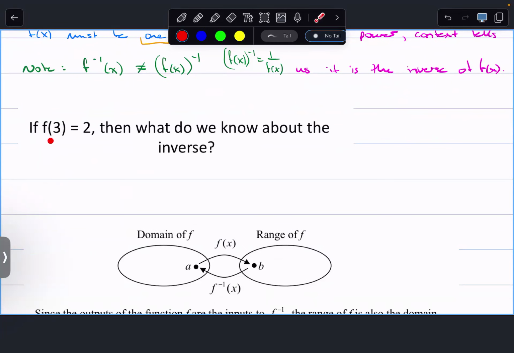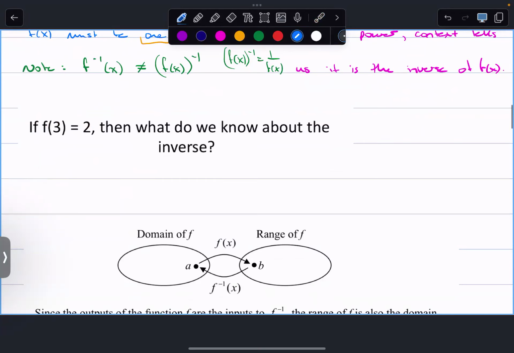How about a little example? If f of 3 is 2, so if I input 3 and I output 2, then what do we know about the inverse? Well, we know that if I input 2, it's going to output 3, because it moves in the opposite direction.